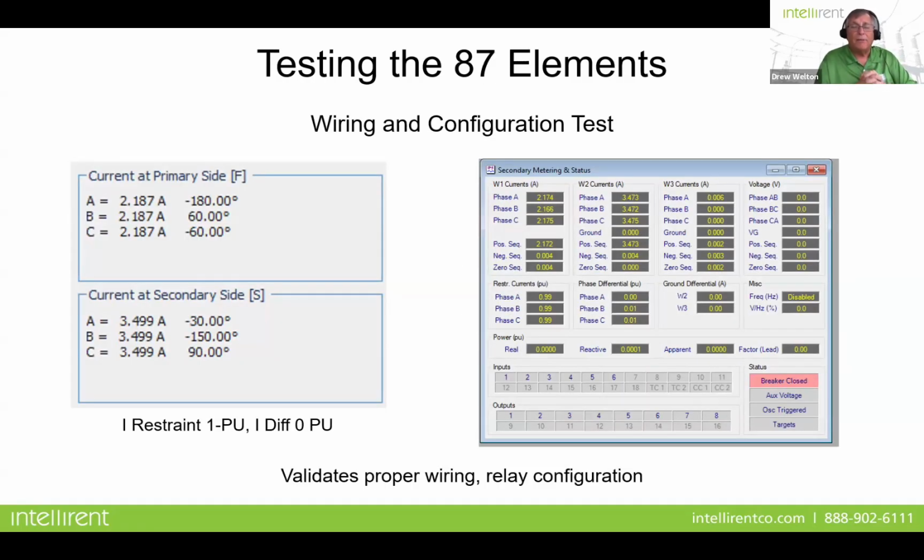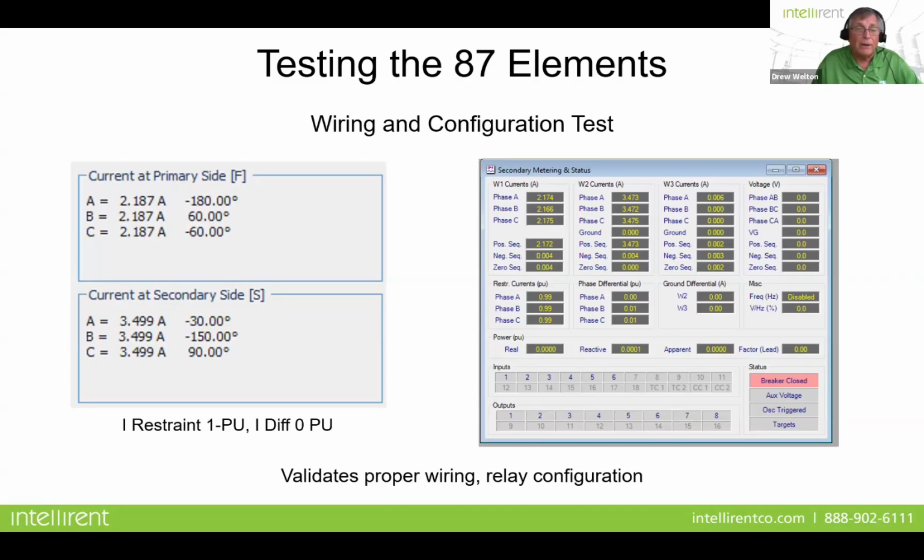Now, here are some things during testing that'll help you out. Another thing that all digital relays have is a metering screen. And when you first apply values to a differential relay, you're going to apply the tap setting on all three phases for both the primary and the secondary side. That's the calculated tap value, and offset the phase angles between the two sides appropriately.